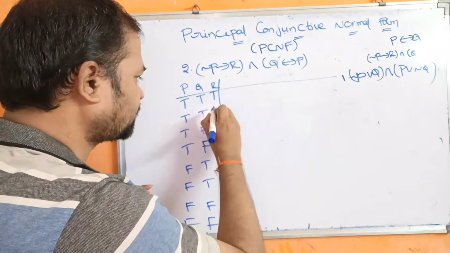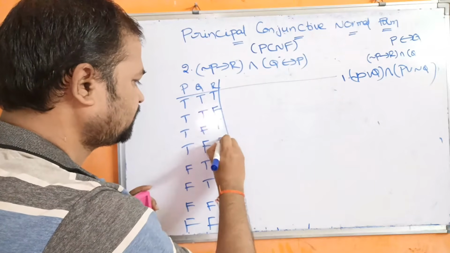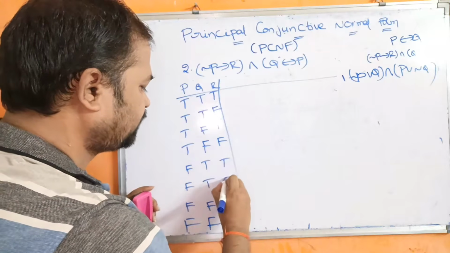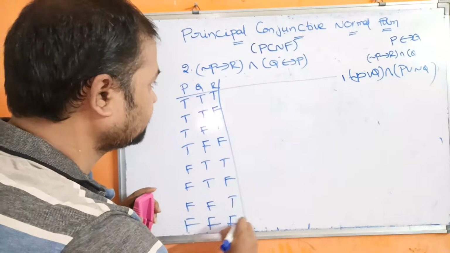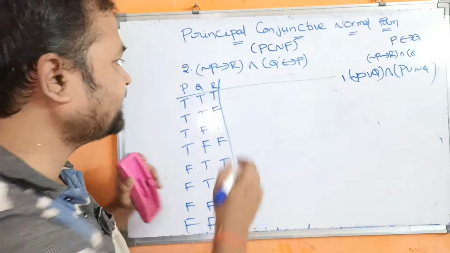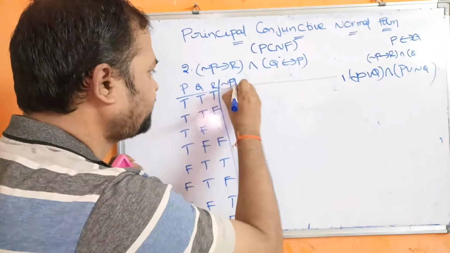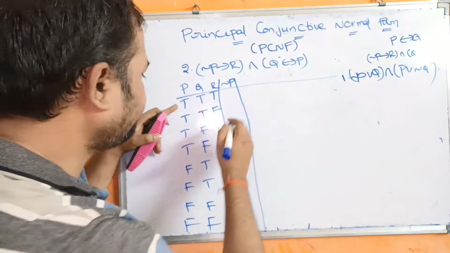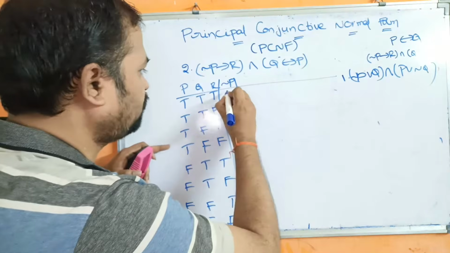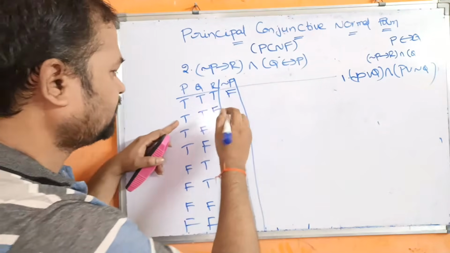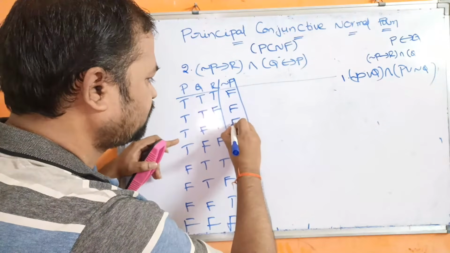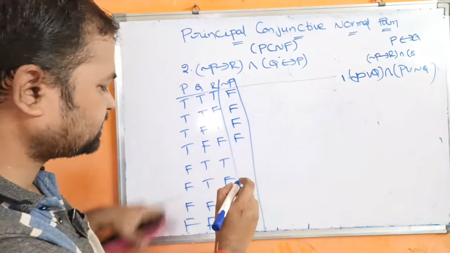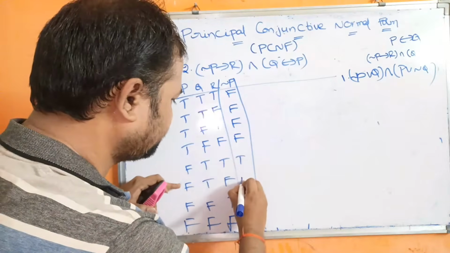Last column: true false, true false, true false, true false. First we need to find out negation P conditional R. So first, negation P. True will become false, false will become true. So the first four trues are converted to false. The next 4 are false, so they will become true.